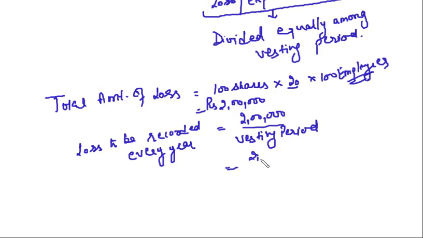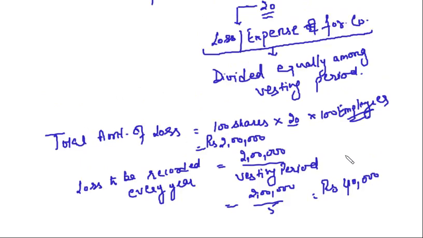This comes to 2 lakh divided by 5, 40,000 rupees. That means you will record a loss of 40,000 in your books related to employee stock option plan. Clear? This much is clear.